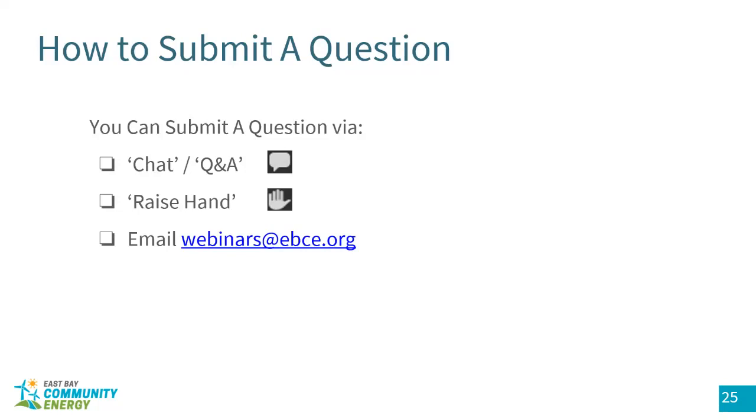Yeah, that is a good question. We talk a lot about CARE, but there is also this other program called FERA, which is the Family Electric Assistance Rate Program. It's a discount savings program that's only available for households with 3 or more people. And the household also must qualify through income guidelines that are a little bit different than the CARE guidelines. The discount is 18% on electricity only, but the application process is the same.